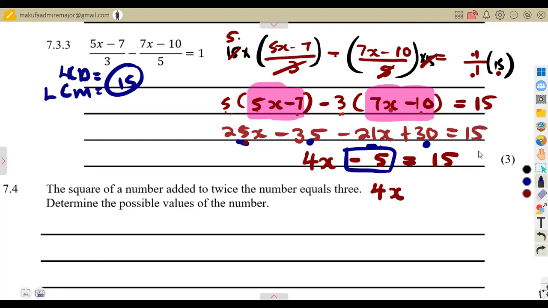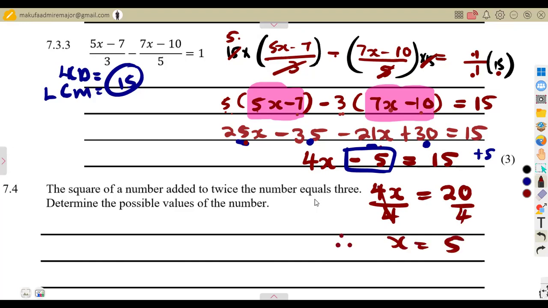The moment that it crosses the equal sign, it changes its sign. It was a minus, it will be a plus. So 15 plus 5, that is 20. Let's divide. So x, therefore, was going to be equal to 5.